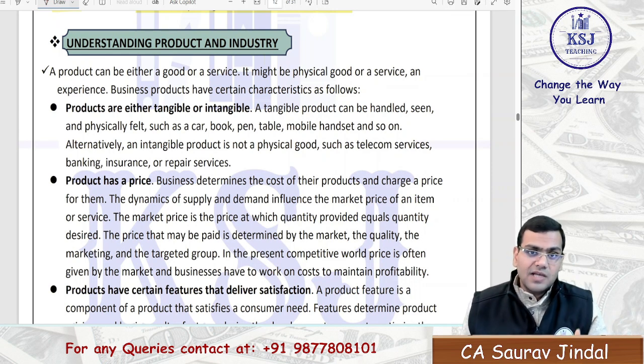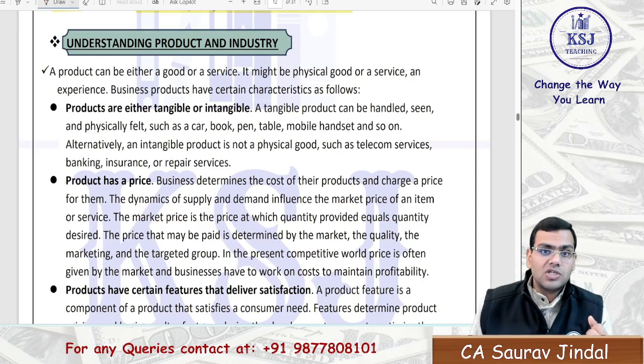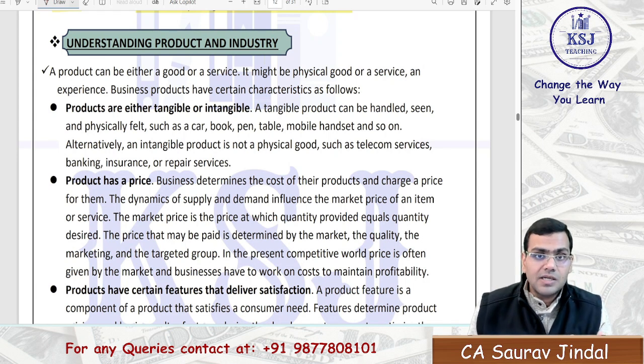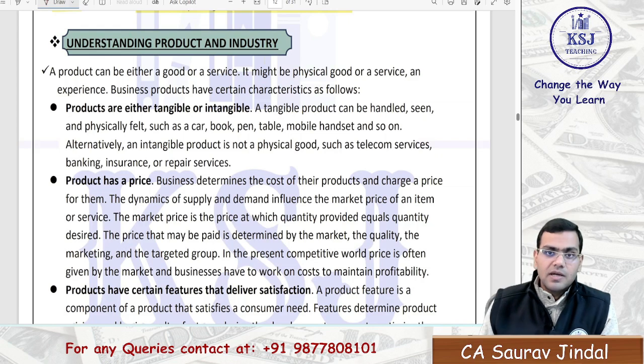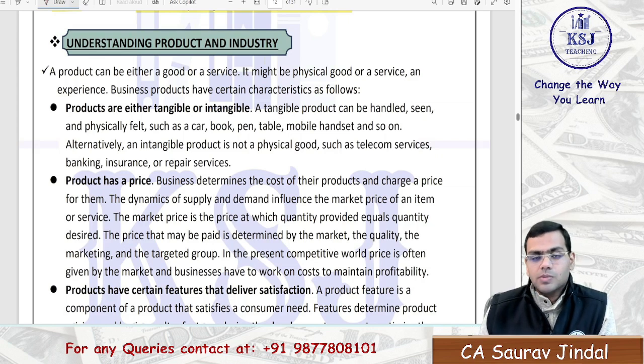If I am manufacturing a product, what is the intention? One intention is that the product is going to help the customers and add some value to the life of the customer who buys it. So whether the product serves those purposes or not, and what price to charge so that we are able to earn profits, all these things we have to see.